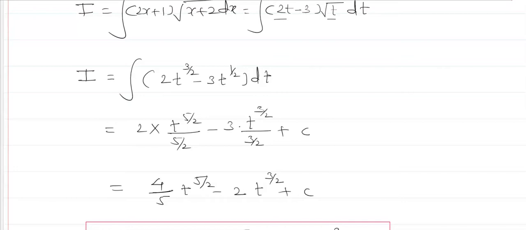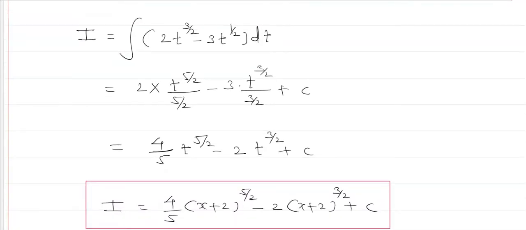That is 2 t raised to 3 by 2 plus 1 means what? t raised to 5 by 2, upon 5 by 2, minus 3 t raised to 1 upon 2 plus 1 means t raised to 3 by 2 upon 3 by 2, plus c. Now again this is simplification. These two get cancelled here. 2 does not get cancelled, it is multiplied and reciprocal. It becomes 4 by 5 t raised to 5 by 2.